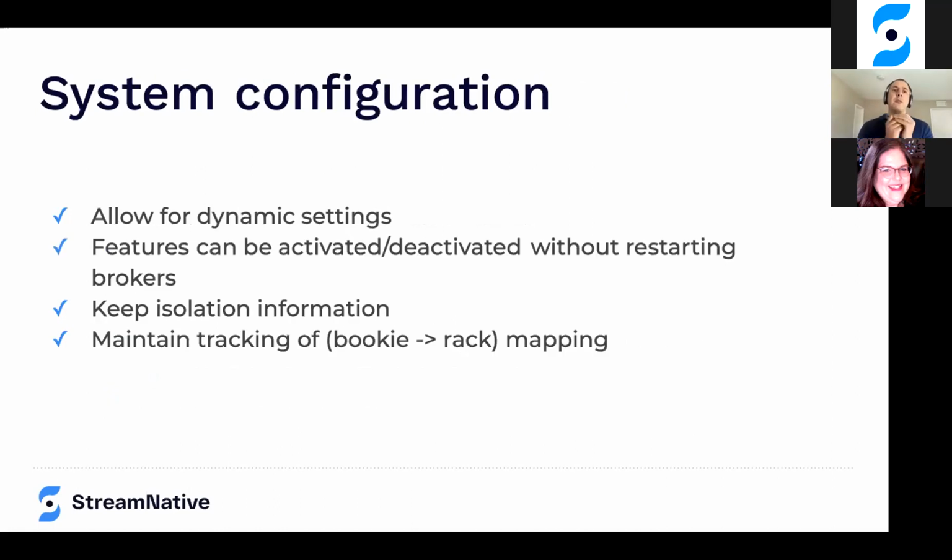And then we talk about system configuration, in this case dynamic settings. One of the features in Pulsar is that you can override some of the settings in the brokers, either broker-wide settings or namespace-wide settings. You can do that dynamically by running a command: you change the setting, and it is applied immediately without any restart.